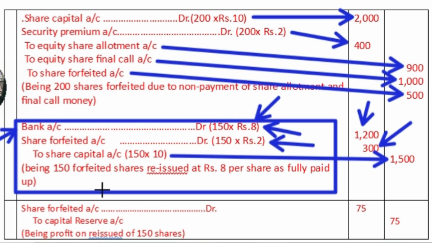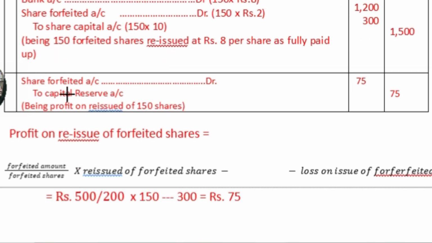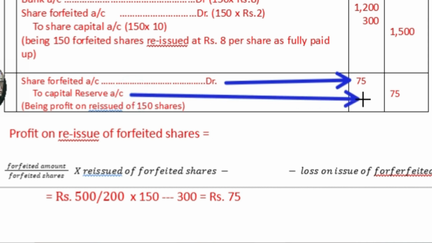Then in this mechanism, on reissue of shares, the profit made by the company is handled by a separate journal entry: share forfeited account 75 rupees. This is the profit. So the share forfeited account balance is transferred to capital reserve account, 75 rupees, and this 75 rupees is debit and credit.